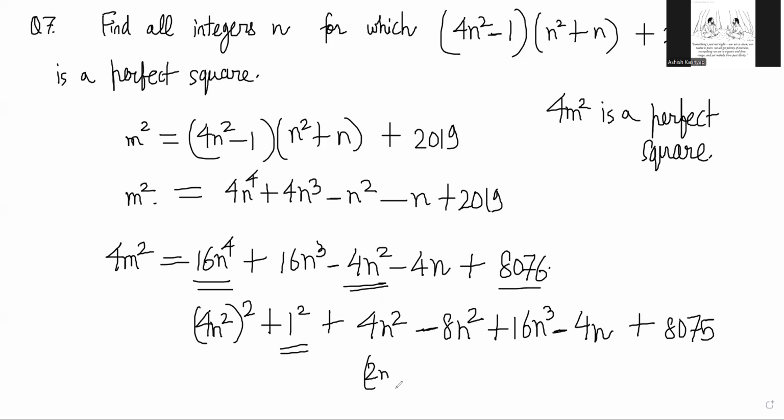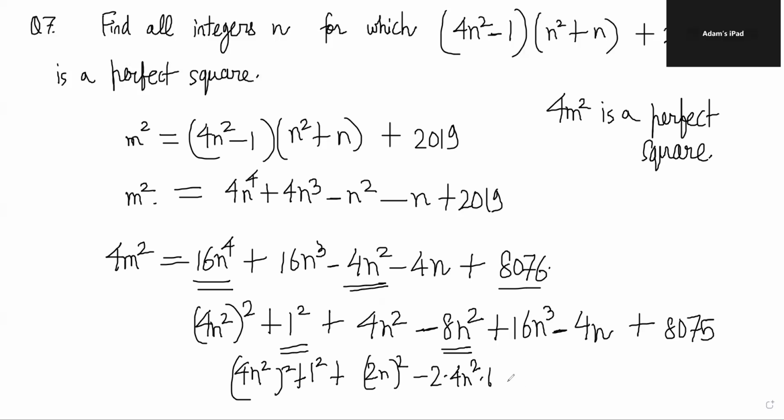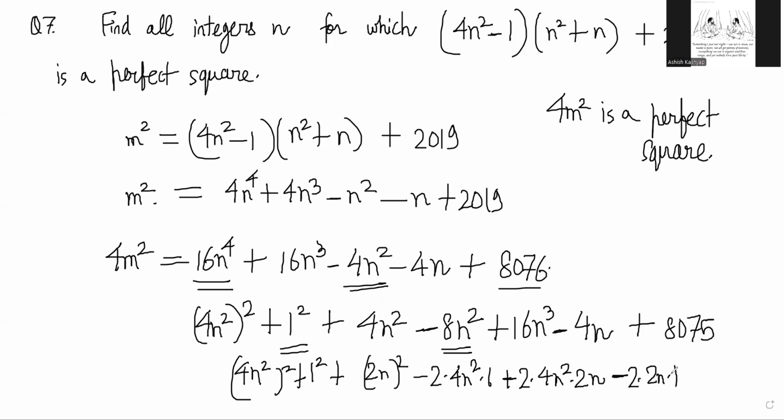So this is 2n whole square, this is 1 square, and this is 4n square whole square. And now you can see how to combine these and get to here. So you'll get 2 into 4n square into 1, this term. And this term you'll get as plus 2 into 4n square into 2n, right? And the last term you'll get as minus 2 into 2n into 1.